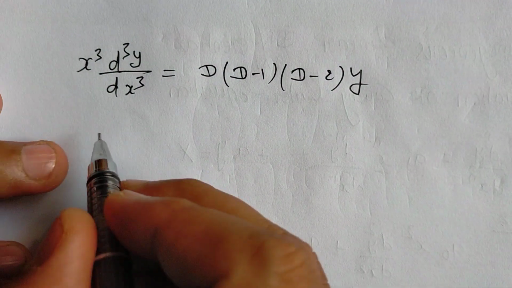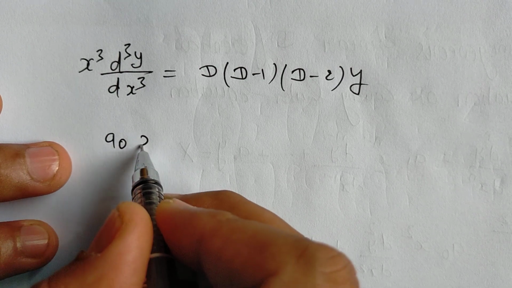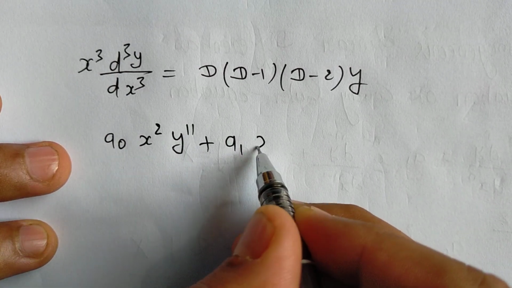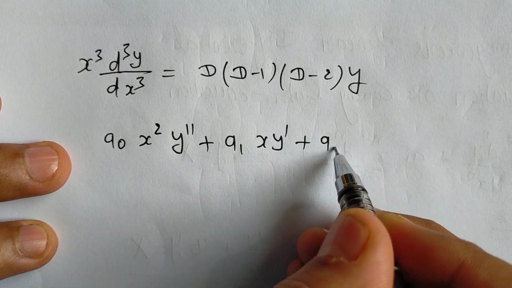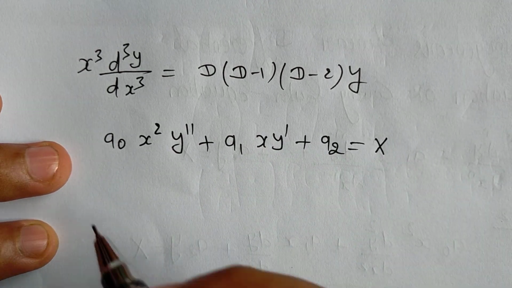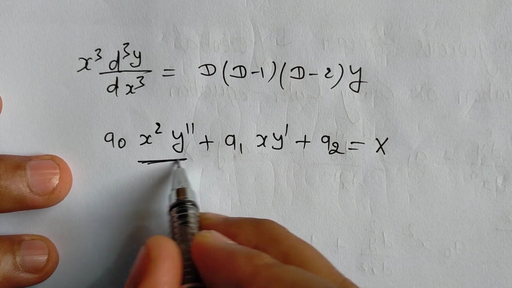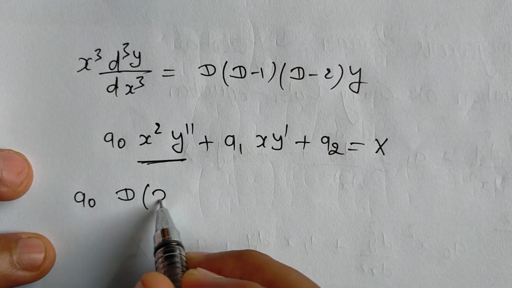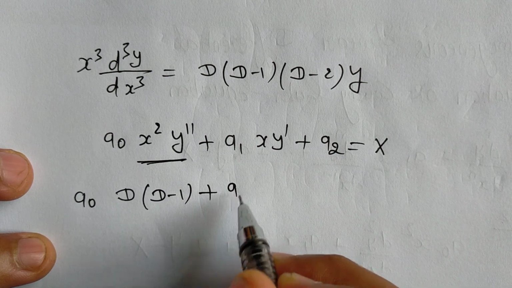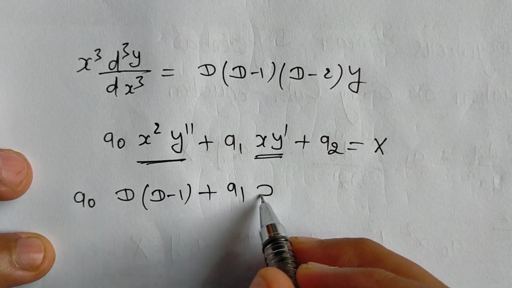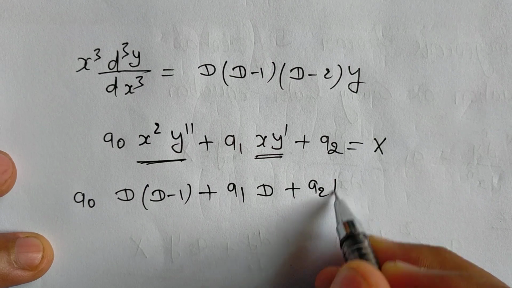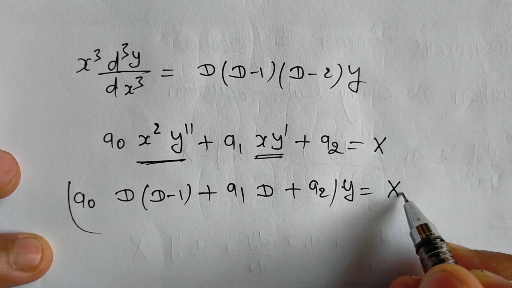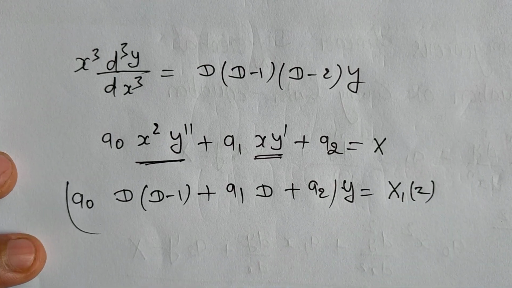Now the main differential equation we have a0 x square y double dash plus a1 x y dash plus a2 y equal to X. Now in place of x square y double dash we can substitute D, D minus 1, plus a1. In place of x y dash we can have D, plus a2 y equal to this function of z.